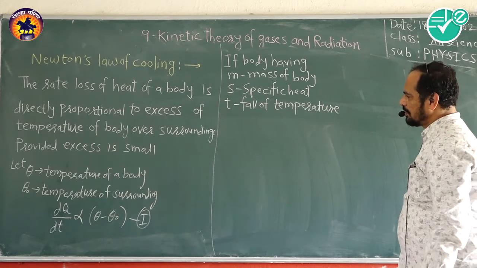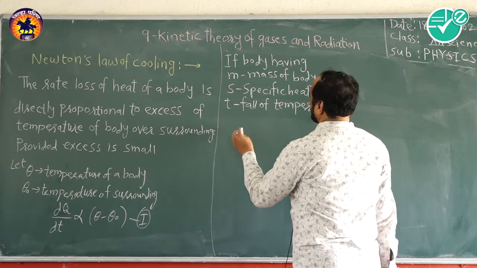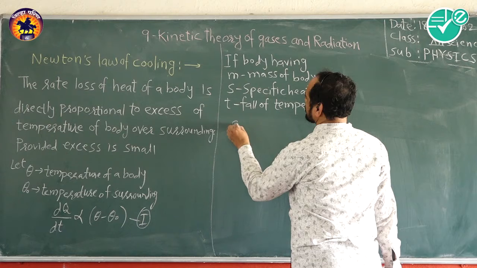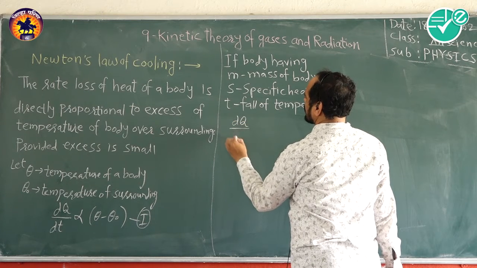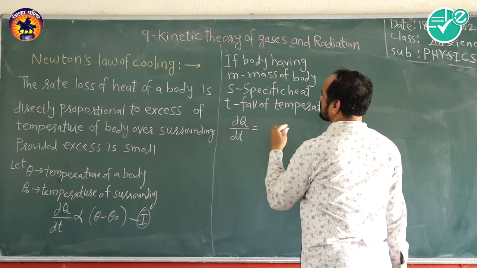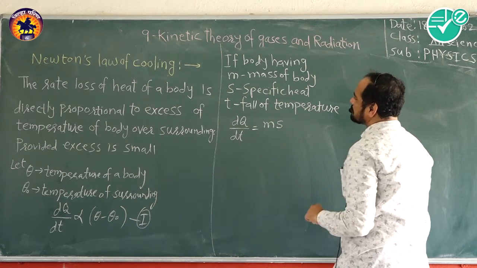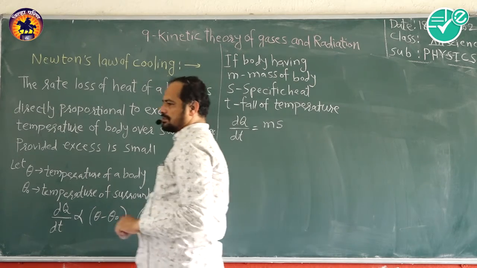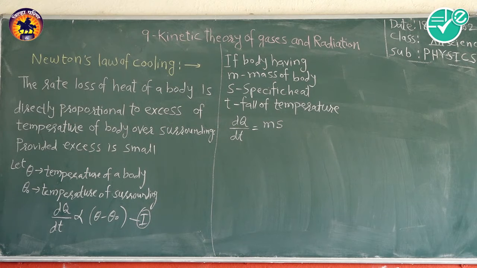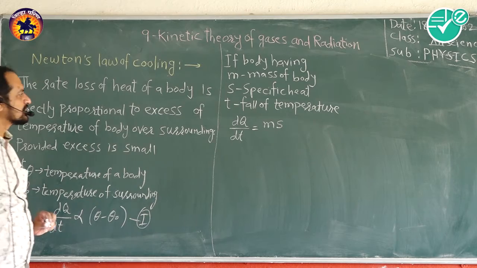So here the formula for dQ by dt is mass into specific heat into d theta upon dt, which is the fall of the temperature.